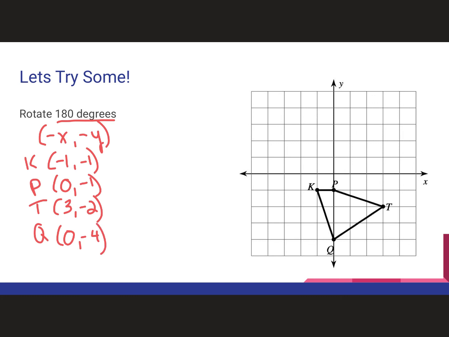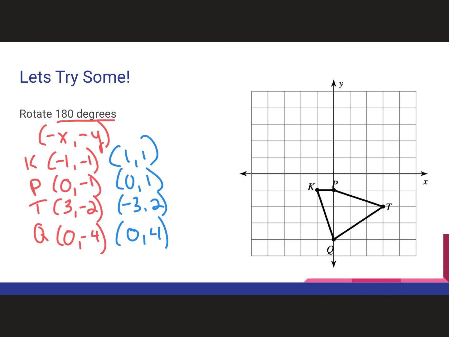So all I'm going to do is change the signs. K becomes (1, 1). P becomes (0, 1). T becomes (-3, 2). And Q becomes (0, 4). Remember, zeros don't change signs, so they don't have a sign.